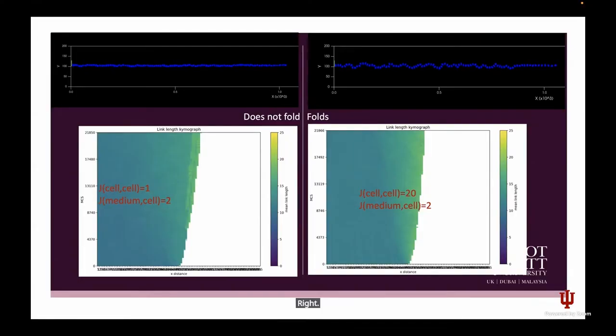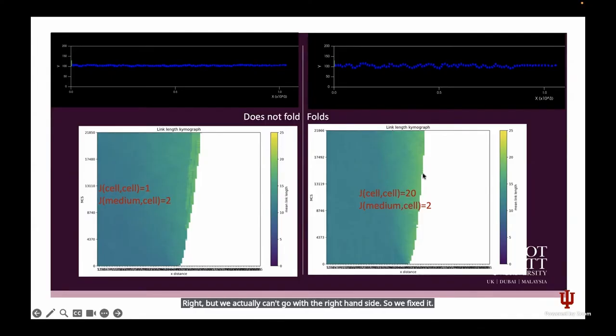Right, but we actually can't go with the right-hand side, so we fixed it, but there's a reason that we didn't like this case, and that was that the cells themselves have a spring energy to them.